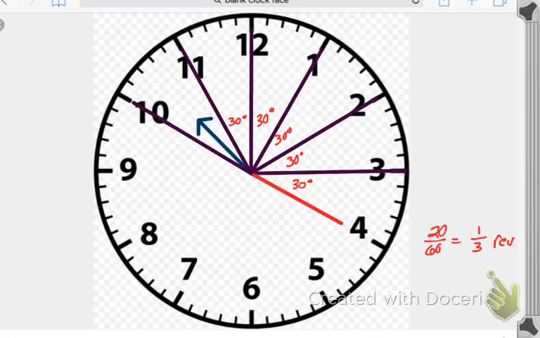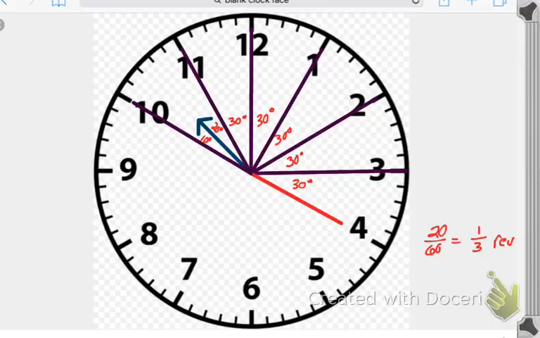So if it moved a third, it means it moved 10 degrees, which means I have 20 degrees on the other side. So that's going to give me 30 plus 30 plus 30 plus 30 plus 30 plus 20, which equals 170 degrees.